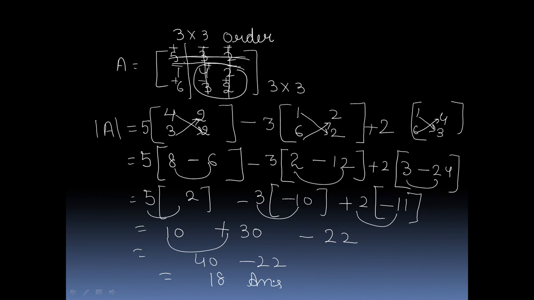It depends on you what you take: first row, second row, third row. When we solve cofactors and minors in further chapters, then we need this solution. How to calculate a determinant of matrix. This is the determinant of matrix.